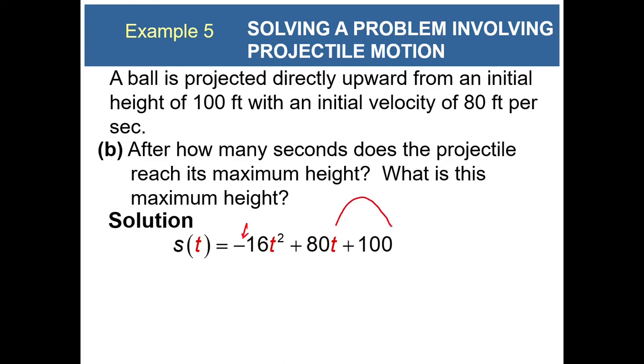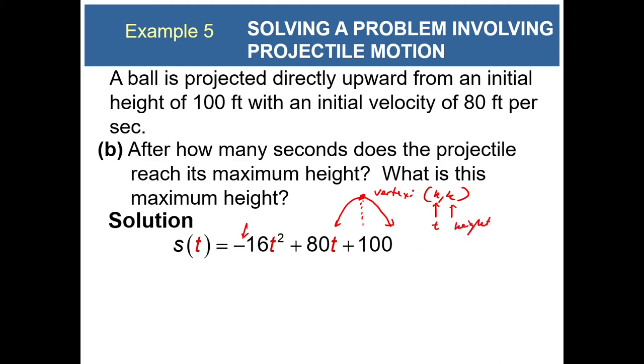So I know it's a parabola that faces down, and the maximum height is going to occur at the vertex, at the point h, k. The time is going to be the x-coordinate, and the output is going to be the maximum height that we're going to get from the function.